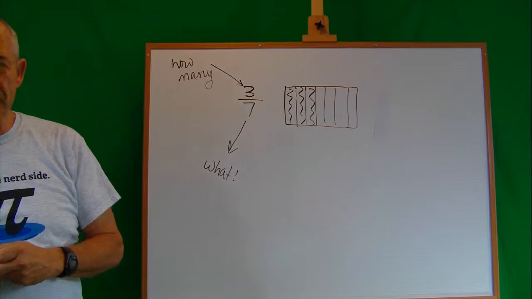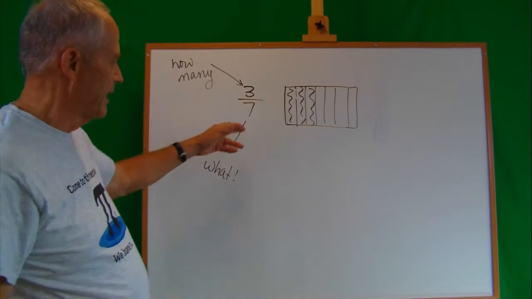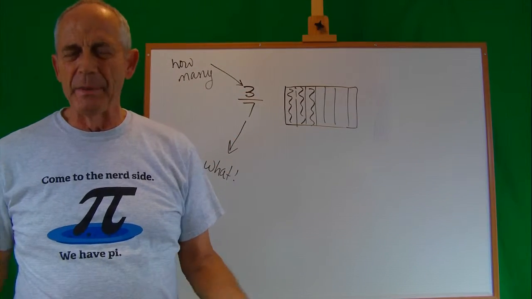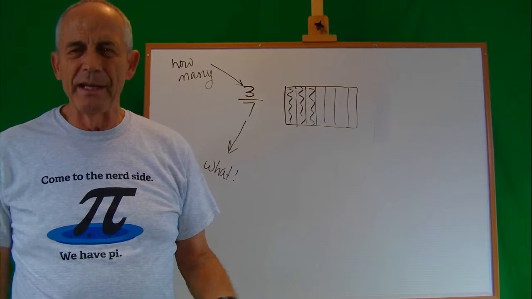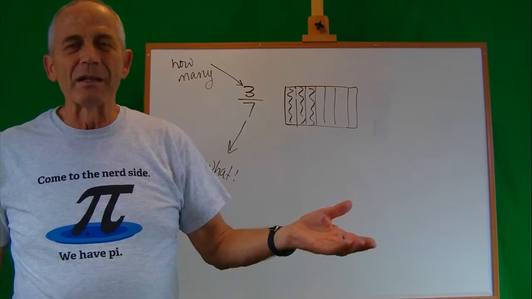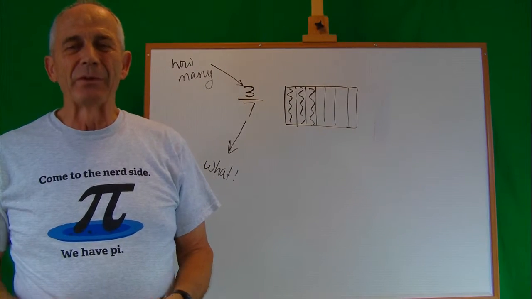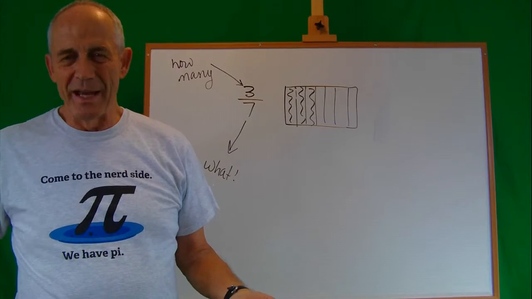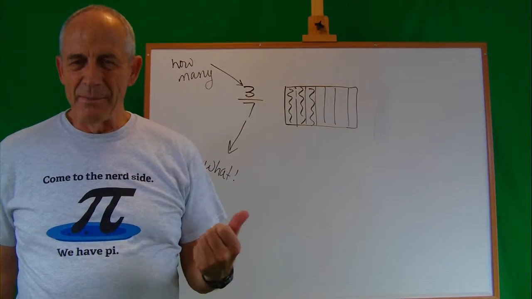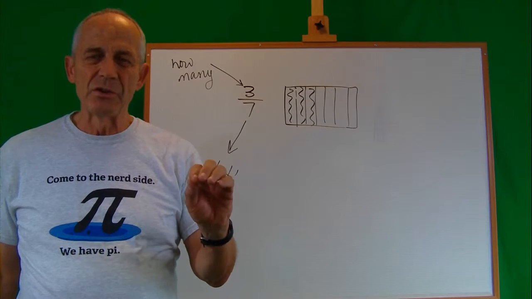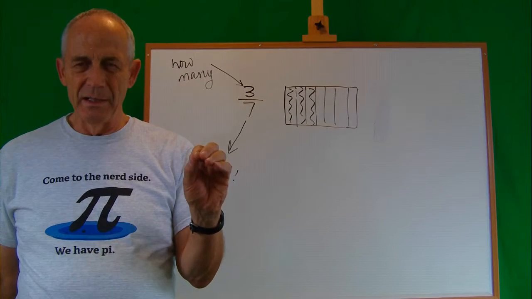Now mathematicians have given these a name. They call the bottom number the denominator. I don't know where they came up with that name, but that's what it's called, and everybody knows it by that name, so if you're going to talk about it, you might as well know the name. So that's the denominator, and it tells you what you're dealing with.